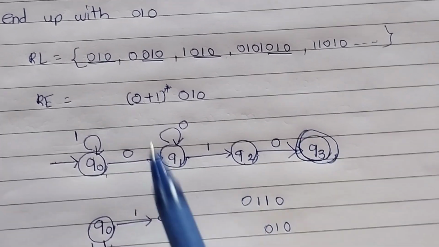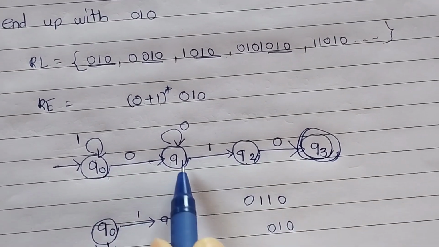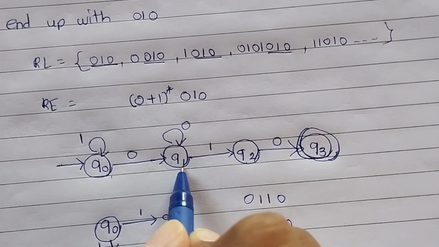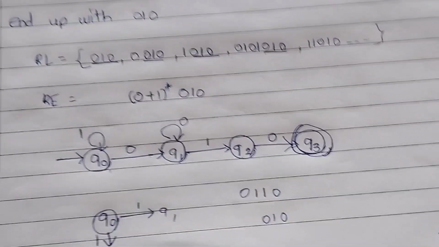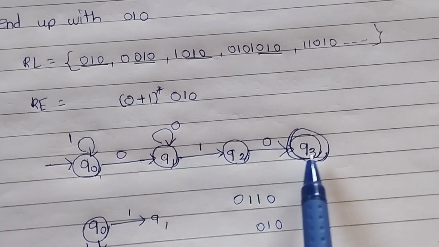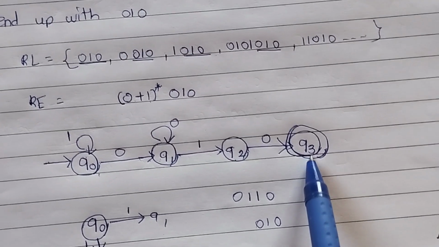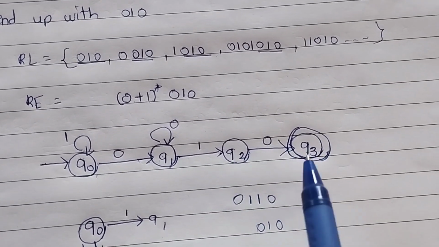We transfer the 1 to another state. One possibility is to transfer it to q1, or to q2, or to q3. But if we transfer it to q3, then the string is disturbed, the string will not end with 0 1 0.